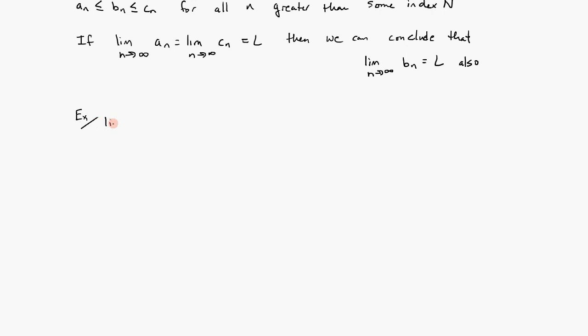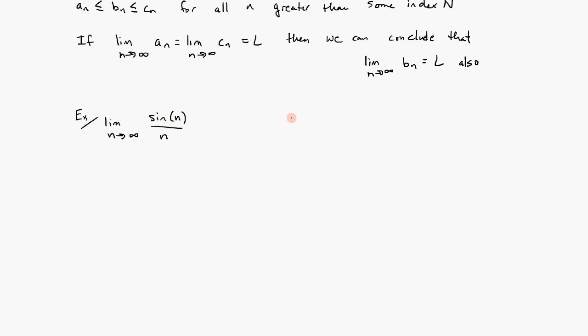So let's take a look at the limit as n goes to infinity of sine of n over n. Okay, so we know that the sine function oscillates. So let's try squeezing it between two other sequences.